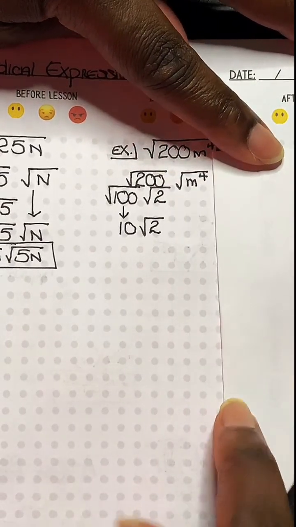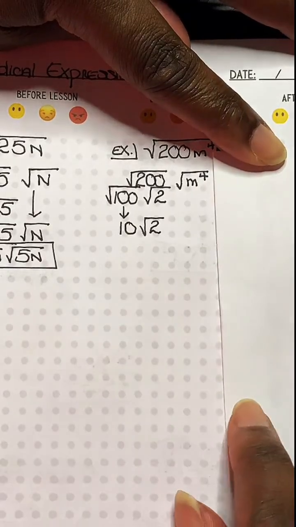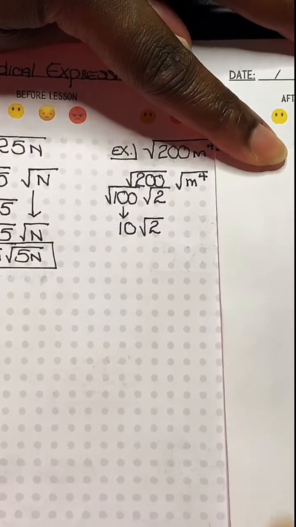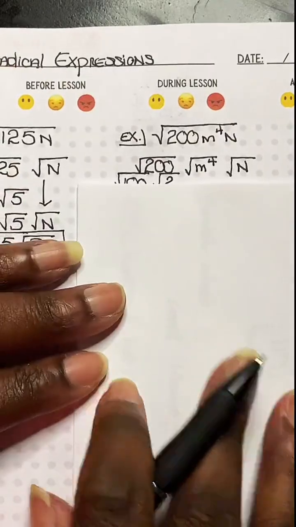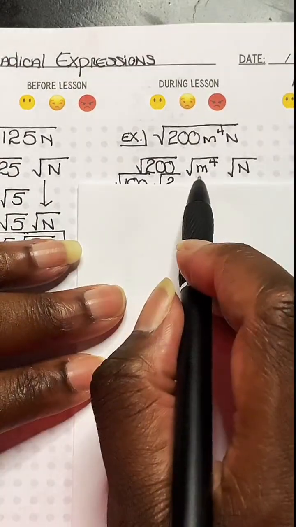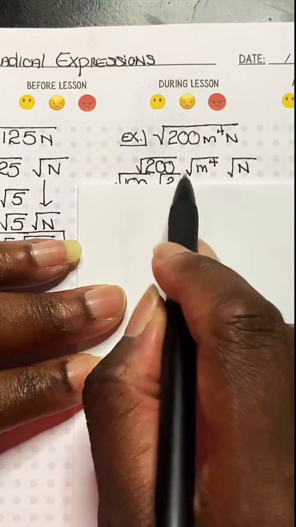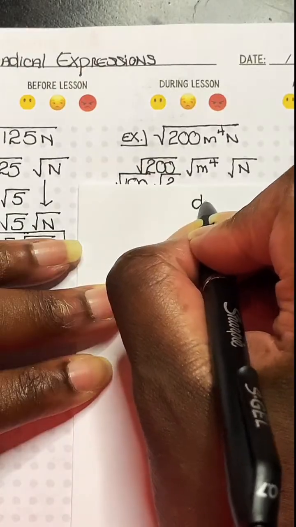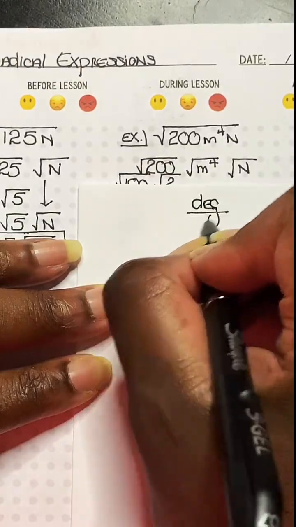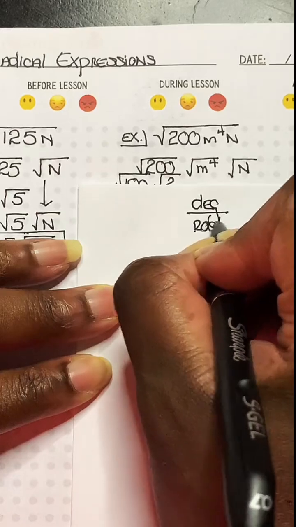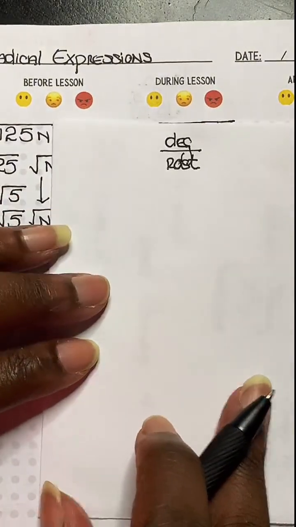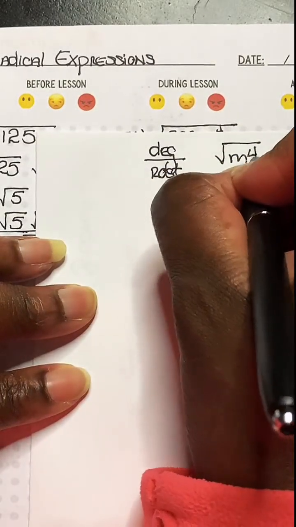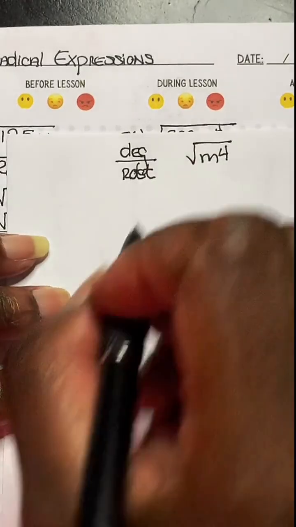Now, the square root of m to the 4th. We can do this one of two ways, okay? I'm going to write that on this piece of paper. So we could translate this to an exponent, because that's basically what it is. It always has your degree over your root. So I have a base, the square root of m to the 4th, and my base is m.